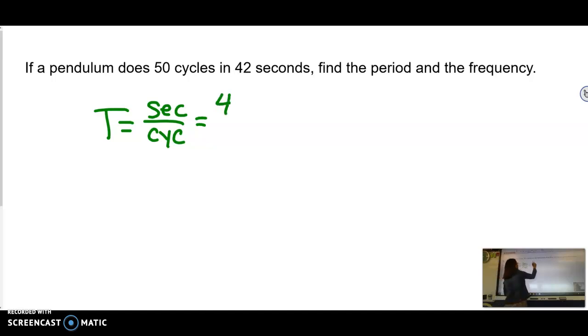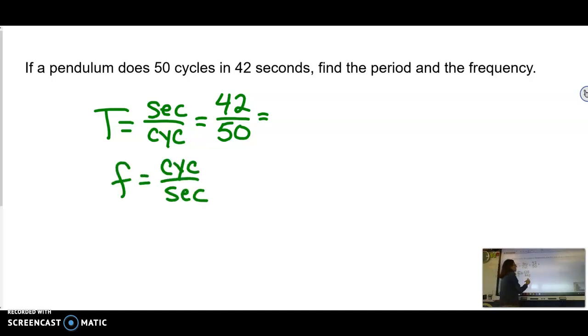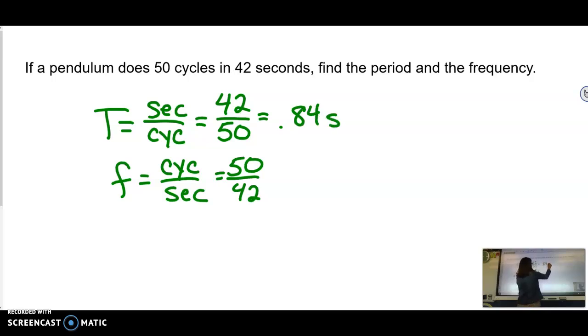So I would take seconds divided by cycles. If I wanted the frequency, I would do it the other way around. I would do cycles divided by seconds. So they're just reciprocals of each other. That's all you have to do. So 42 divided by 50 is 0.84 seconds. So that would be the period.